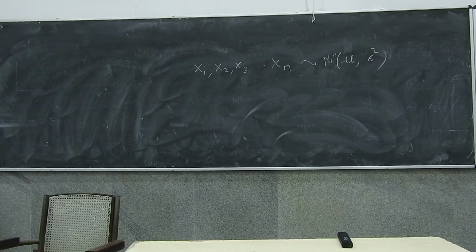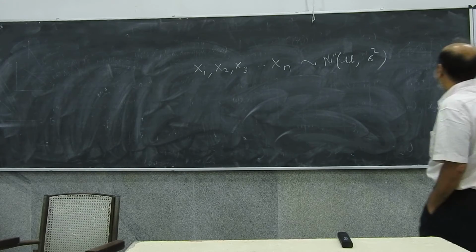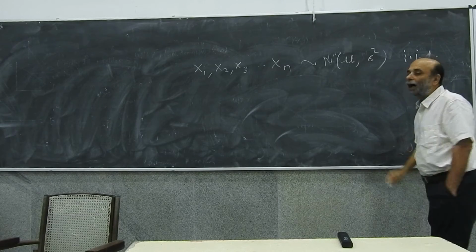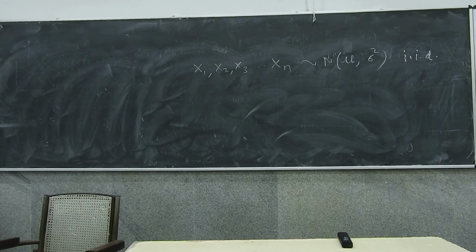How do you read this? And I will write here as IID. IID means independent and identically distributed. Yeah? What does this mean? How does one read this sentence?